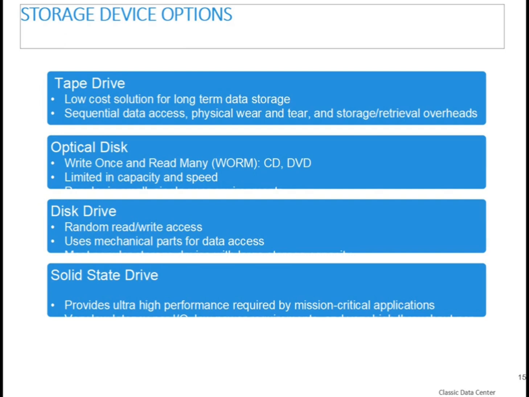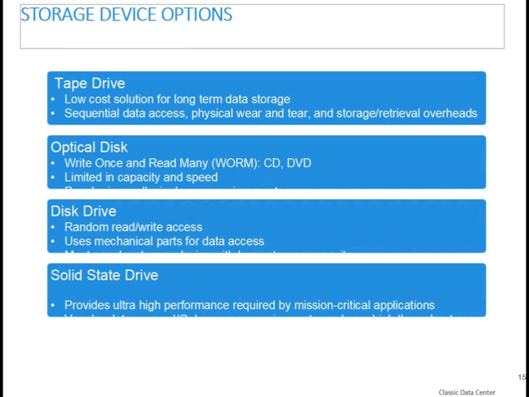Several platters are assembled together with the read-write head and controller, and this is referred to as a disk drive. Disks support rapid access to random data locations. This means that data can be written or retrieved quickly for a large number of simultaneous users or applications. In addition, disk drives provide a large storage capacity.